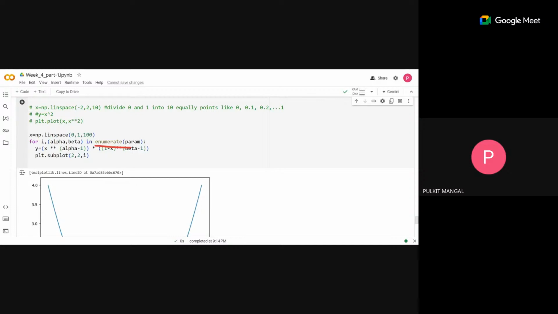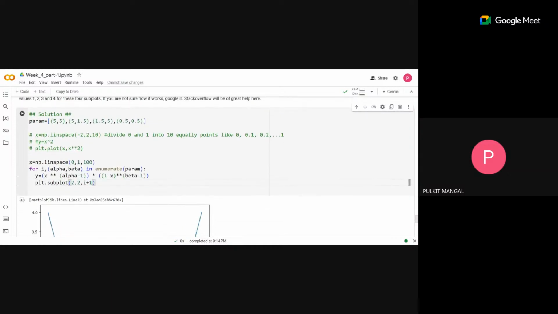Is this enumerate function clear? With enumerate you can capture the indexing, and that will be stored in i. And as I said, unlike Python, in plt.subplot indexing will start from 1, so you have to do +1. Let me tell you how this loop will run. First, the i value would be 0 because enumerate goes with 0 indexing.